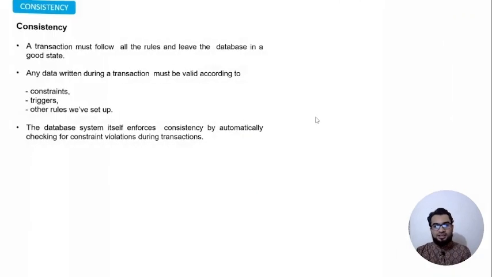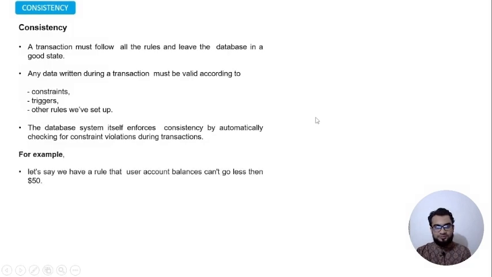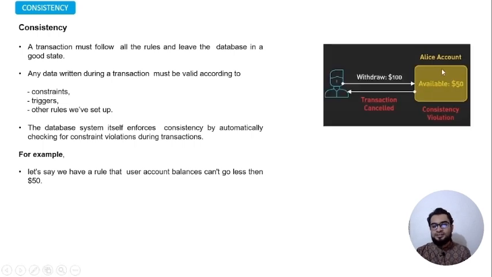Let's give an example. Let's say we create a rule that user account balances cannot go below $50. That means we set a rule on Alice's account that the balance should not be less than 50.